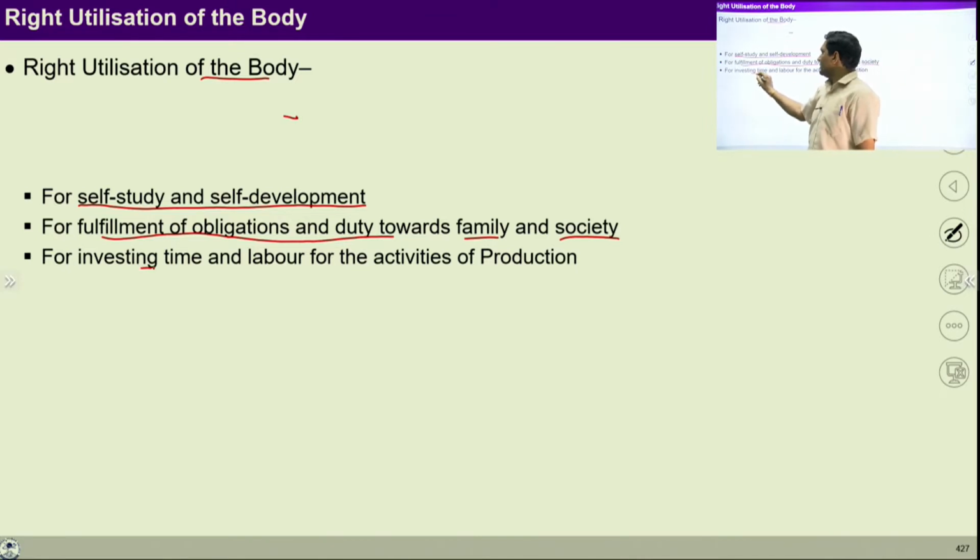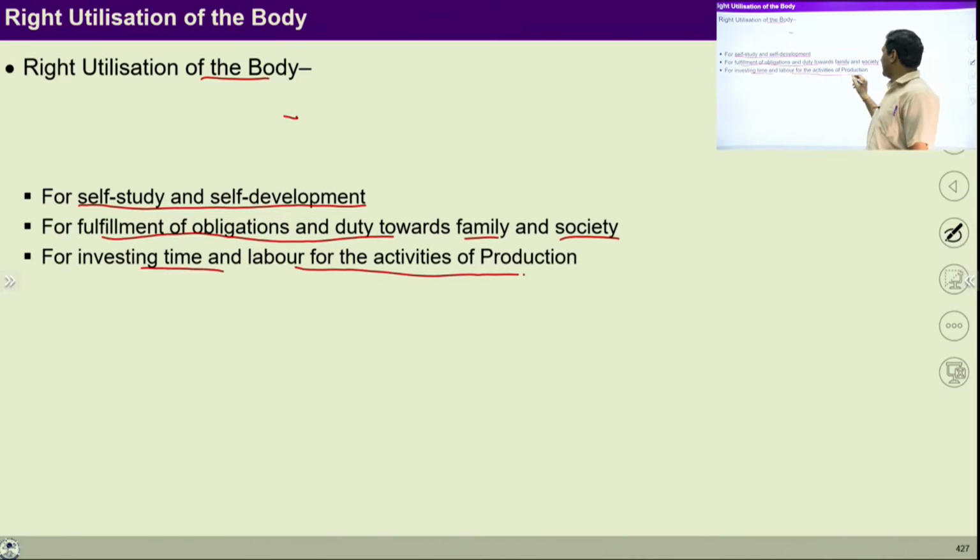Similarly, for investing time and labor in the activity of production. If I am using my body for labor with the rest of nature, I am investing my body in the production process with nature. It means I am rightly utilizing my body. So what does right utilization of the body mean? It means I am using my body for self-study, self-development.